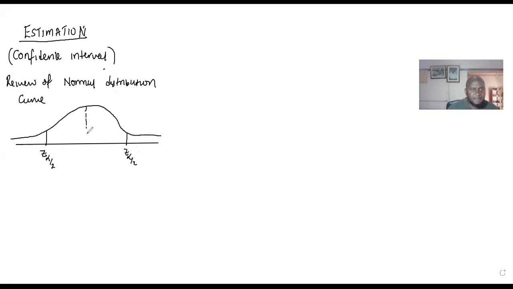If this is the percentage at which we are confident, this is the confidence region. This is no confidence. This is no confidence.